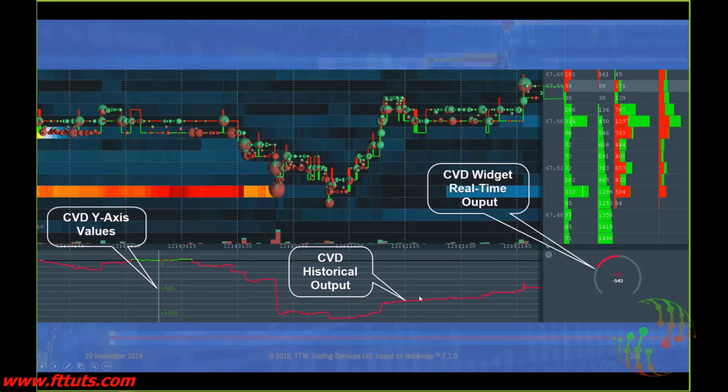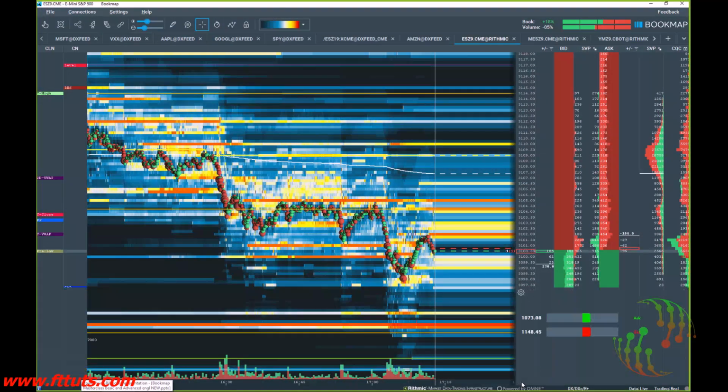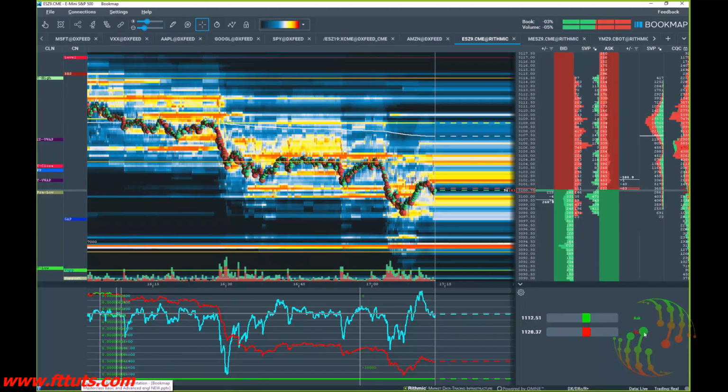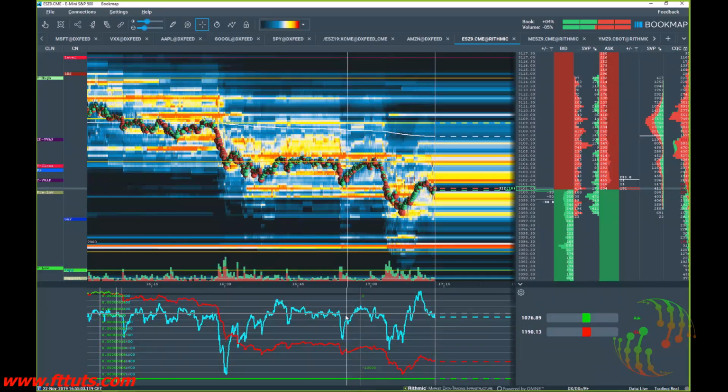You have the historical output here, and you have the CVD widget that's displayed here. So this is the widget area, and this is the y-axis, the numbers of the indicators based here in this area.